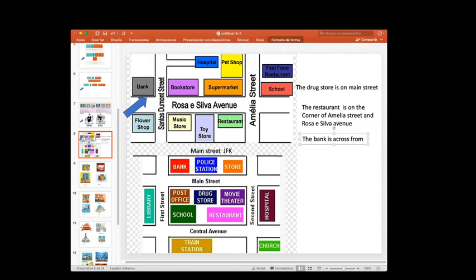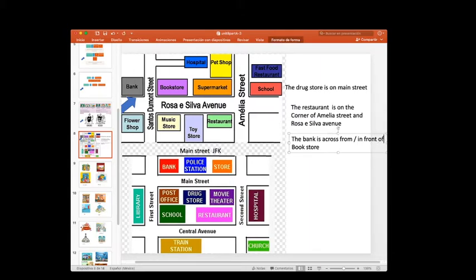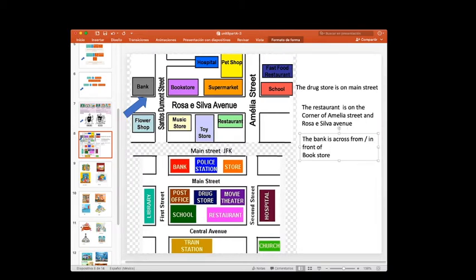Across from the bookstore, for example. Okay. What else? This, it could be also in front of. Both of them are correct. In front of the bookstore. Okay. Both of the options are correct.